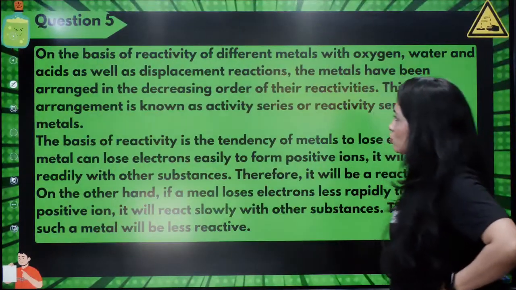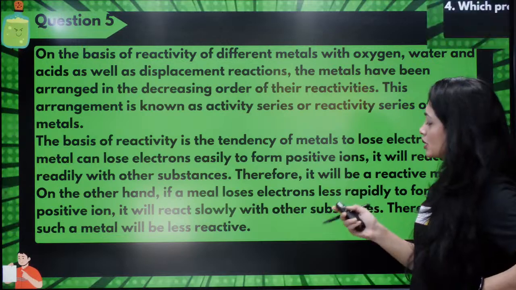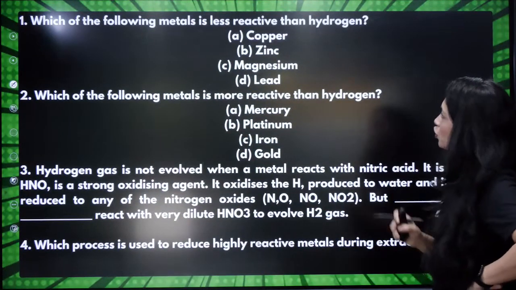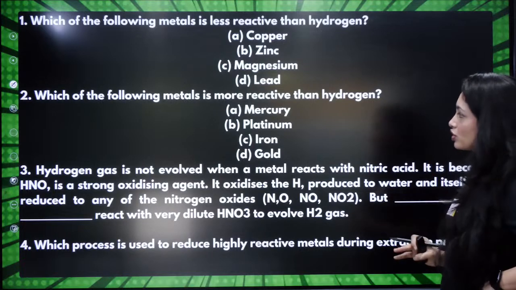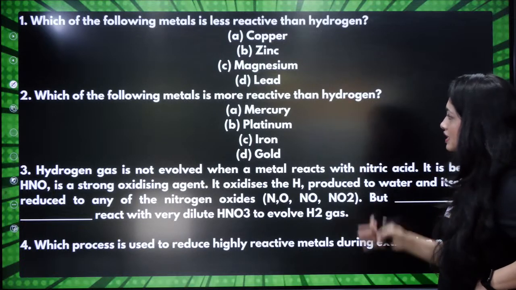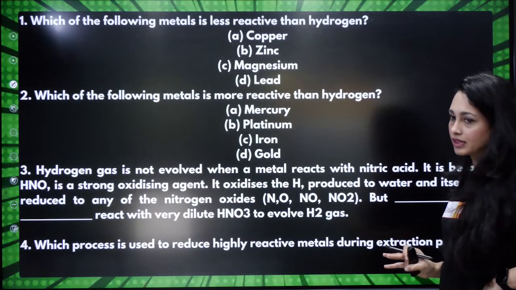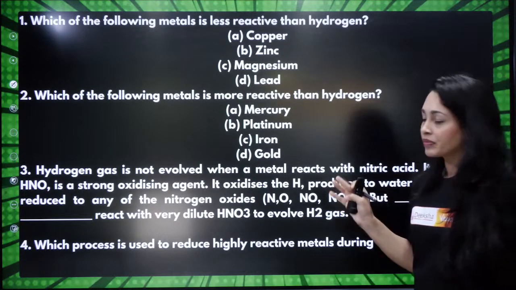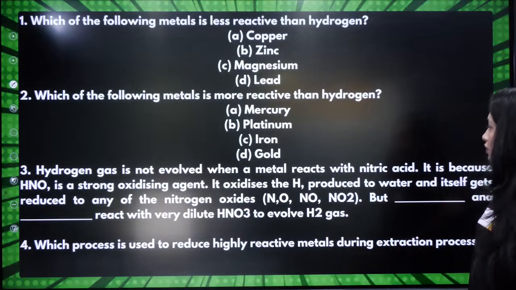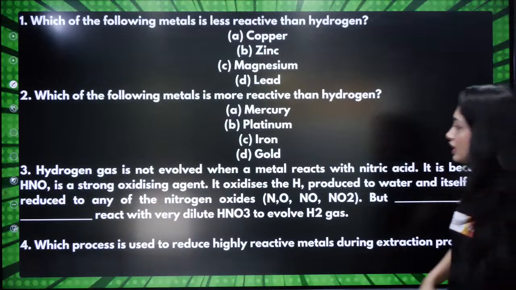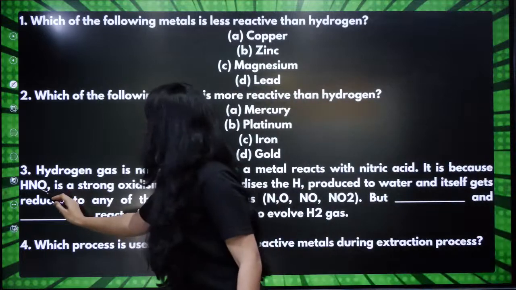Next question. So, question number 5, I will show you the questions first and then you can read the paragraph. Which of the following metals is less reactive than hydrogen? First question, they have given the options. Which of the following metals is more reactive than hydrogen? Next, hydrogen gas is not evolved when a metal reacts with nitric acid. It is because HNO3 is a strong oxidizing agent.